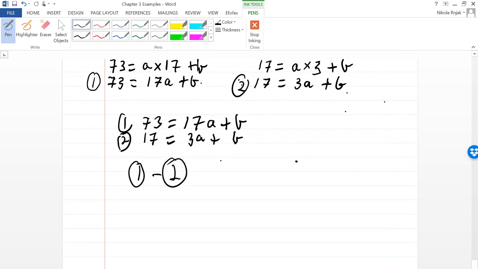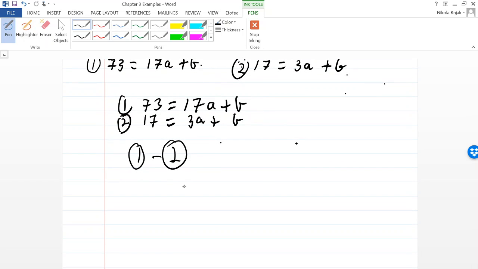So let's see what we get. If we do 73 take 17, we get 56 for the constant. Then we'll do 17a take 3a.